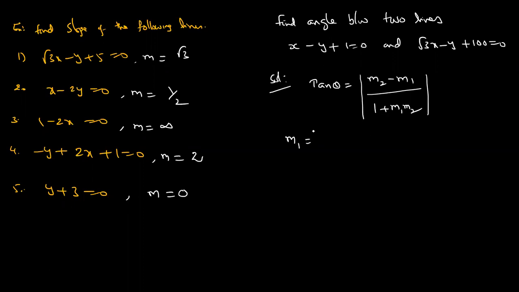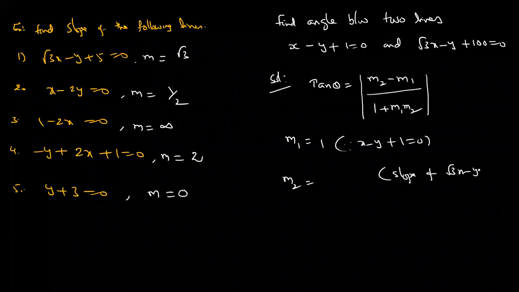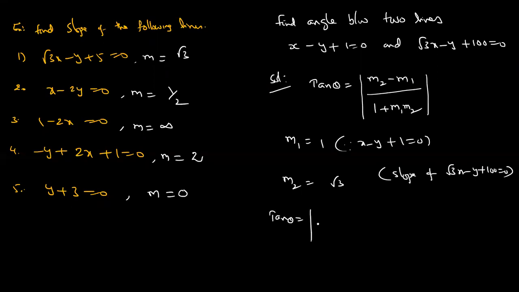Clear? Students, what is the slope of the given line from the first equation? 1. What is m2? That is root 3. Now please tell me what answer is coming. m2 means root 3 minus 1 by 1 plus root 3. That is the answer. So root 3 minus 1 by root 3 plus 1.